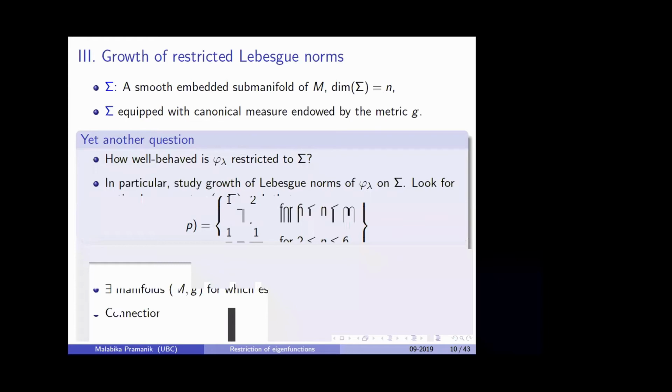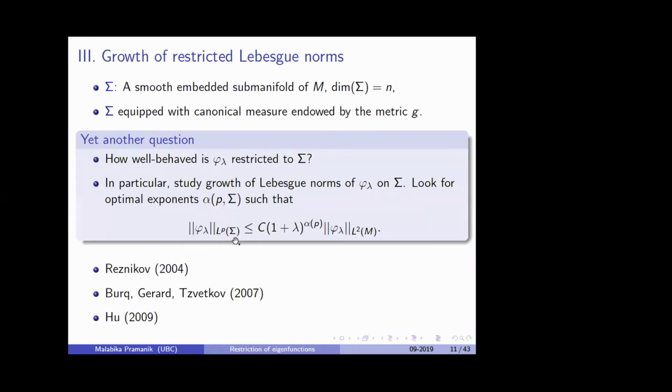More precisely, given an exponent p, what is the optimal growth rate alpha_p such that the L^p norm of phi_lambda restricted to sigma grows like lambda to the power of alpha_p, where phi_lambda is an eigenfunction that is L2 normalized on the entire space M.